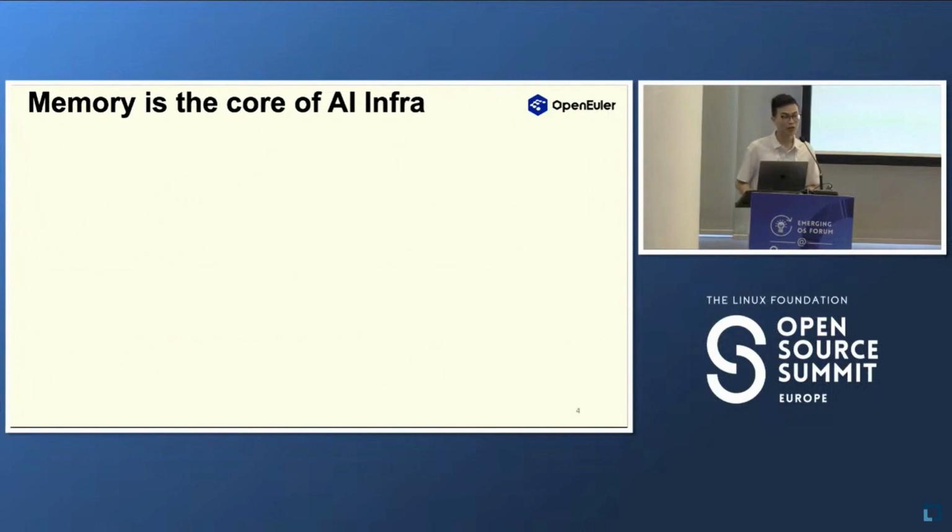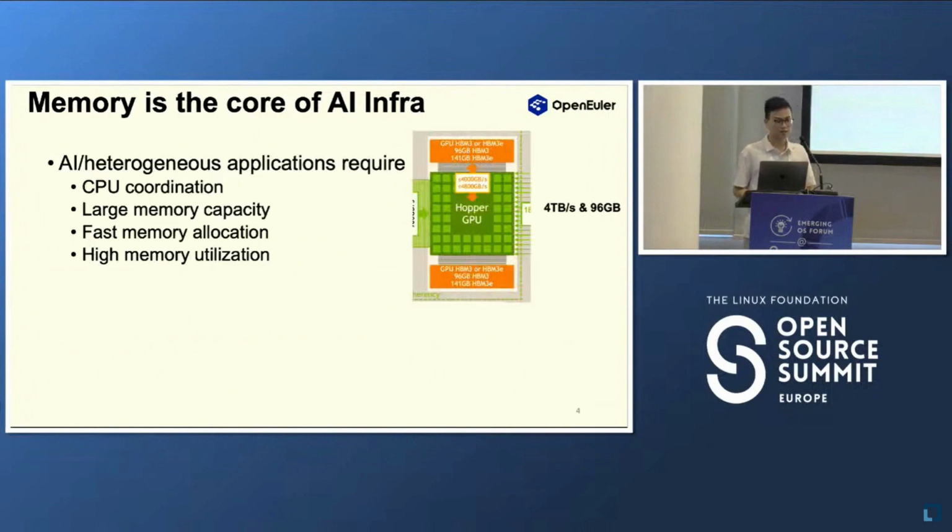Memory is indeed the core of AI infrastructure. AI and heterogeneous applications require CPU coordination because domain-specific accelerators cannot do all kinds of jobs. We still need general-purpose CPUs to do other tasks.